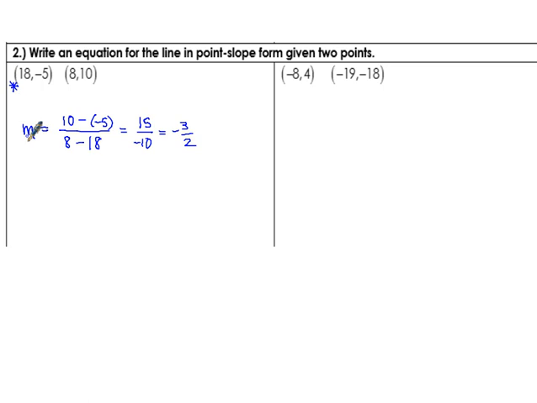I'm going to use the first ordered pair with the given slope to put it in point slope form. Y minus a negative 5 is equal to the slope that we just discovered of negative 3/2 times the quantity x minus 18.